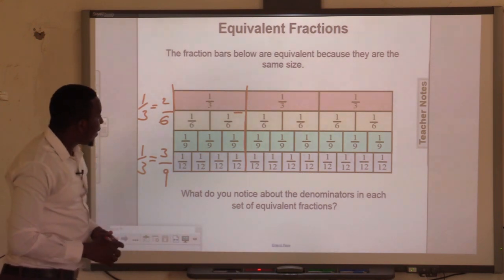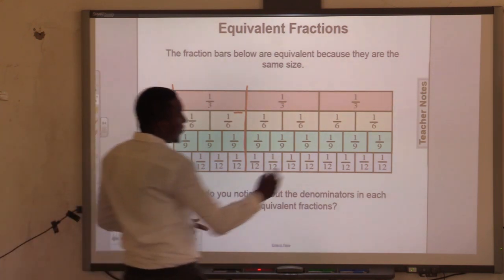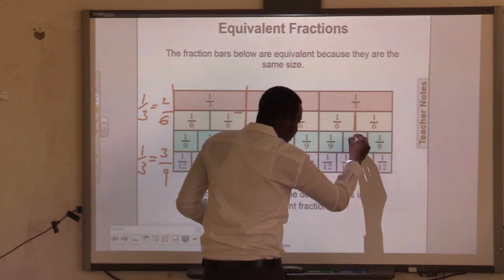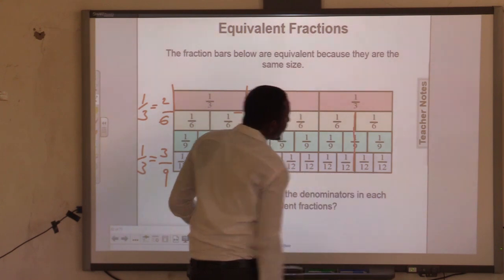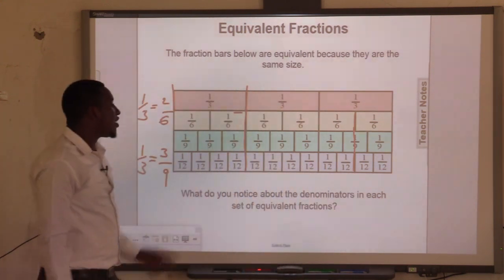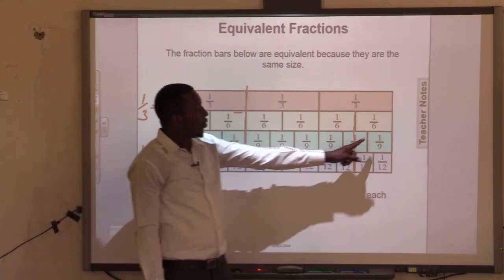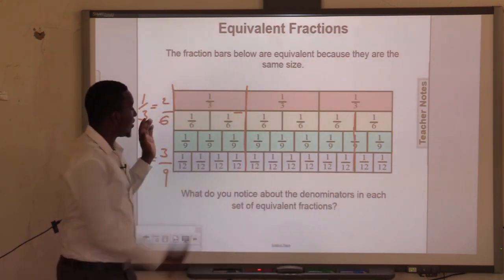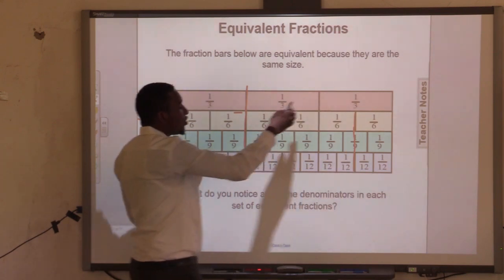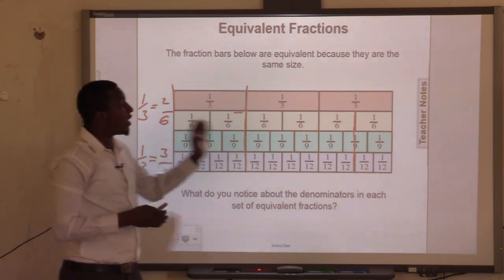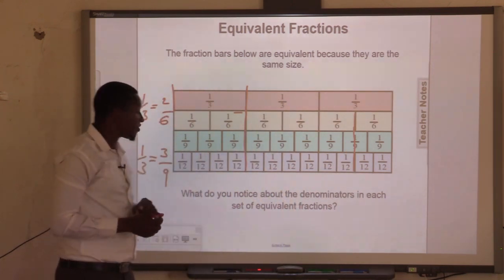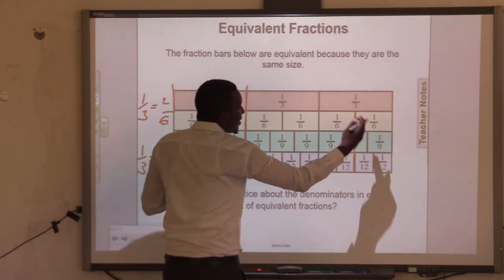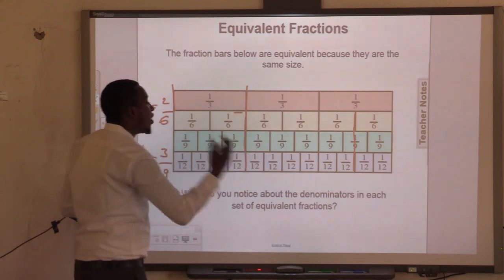Let's try to compare this 1/6 with the other fractions underneath. Let's compare the 1/6 with the 1/9. 1/6 here, how do we have it? A whole divided into 6 equal parts. So each part there is 1/6. We are going to compare it with a whole that is divided into 9 equal parts.